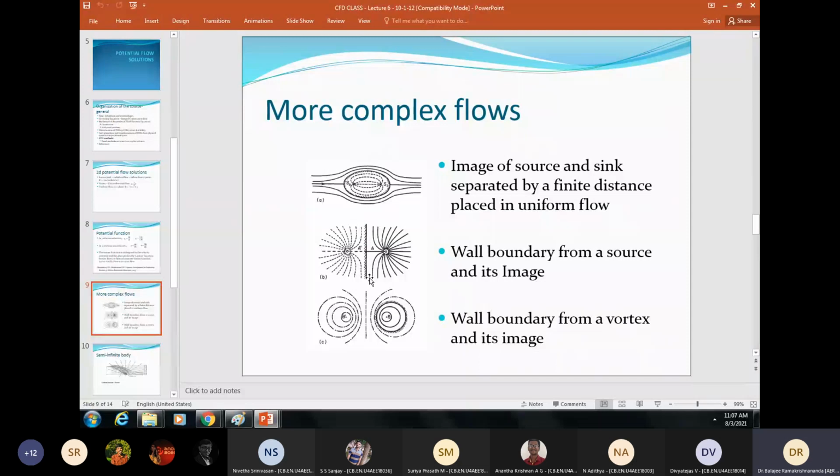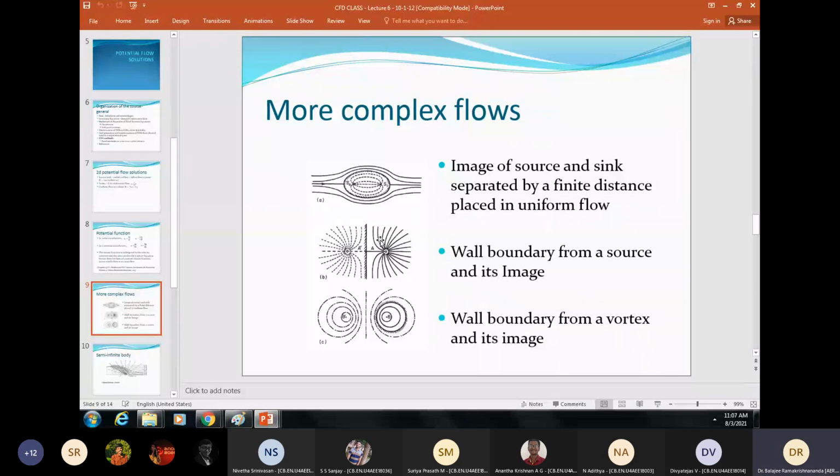You can actually have the other one as an image, and you can find the source placed near a solid wall by this method. All you need for simulating a straight solid wall boundary is placing a source and its image together. If you have a source, have another source of equal strength. You have a solid line in the middle, the line joining these two.